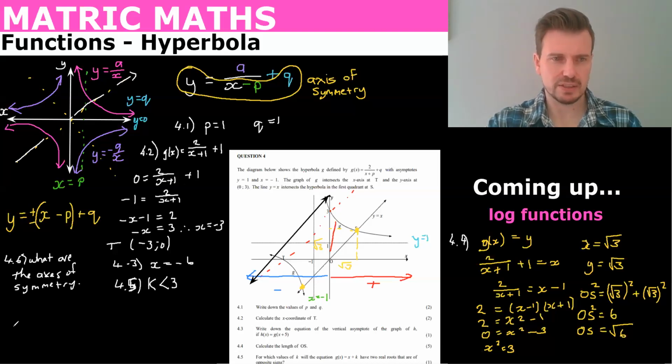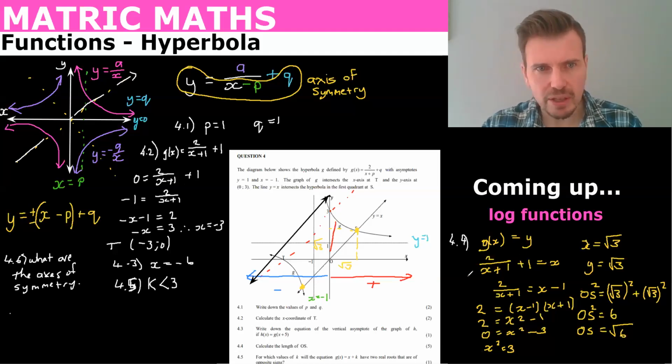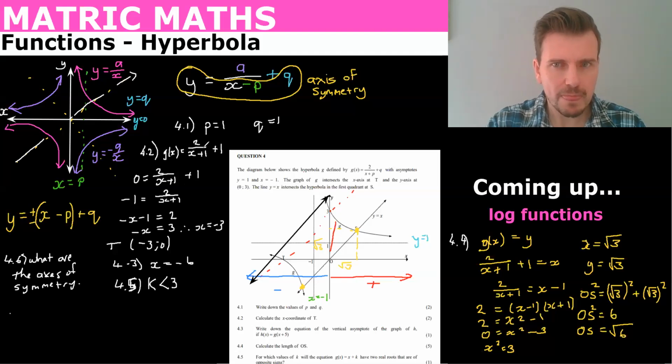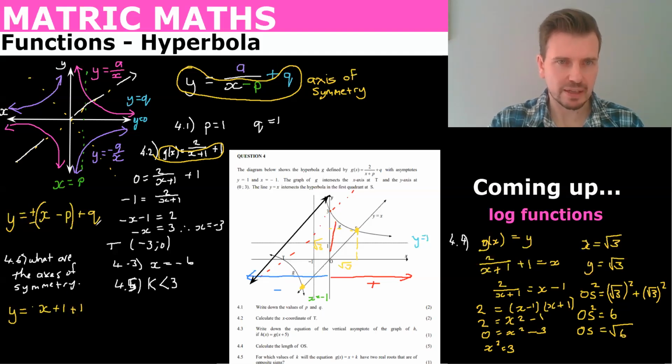equation. It's really easy. So this is the equation here. I'm going to do this question in yellow because we did it up here in yellow too. So there is the axis of symmetry. So I'll say, right, the axis of symmetry is y equals, and I'll say x plus 1 plus 1. So it's kind of like that, but then I just put the brackets over here because whatever was under here gets a bracket, and then I say plus or minus.